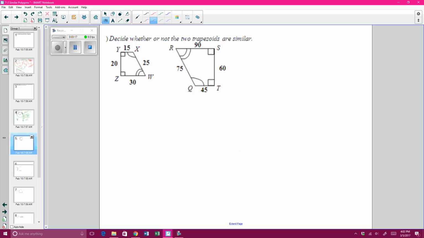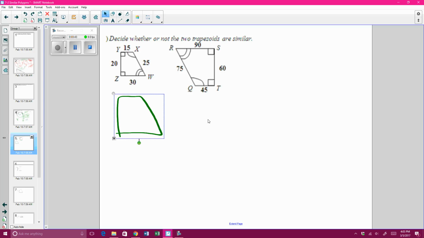Now, a lot of people like if I take this trapezoid and rotate it. So what I'm going to do is I'm going to trace this very quickly. Let me move this first so that it goes like that.